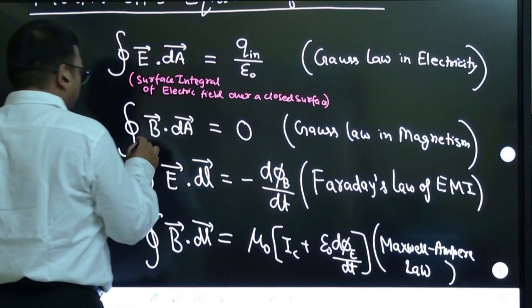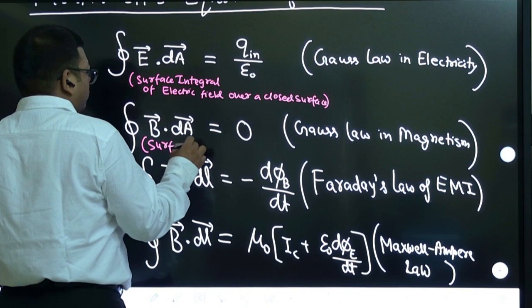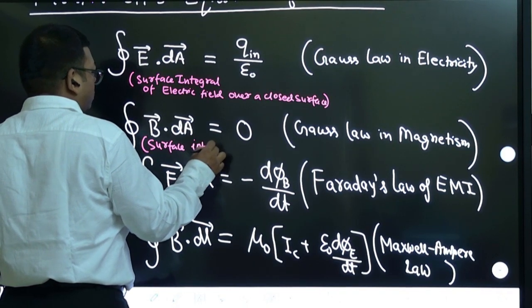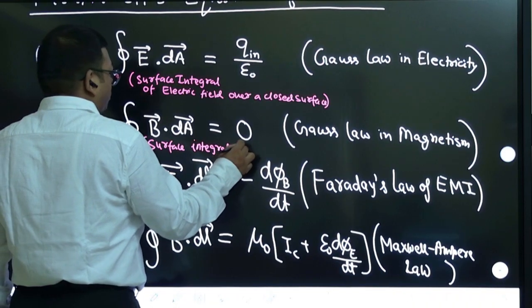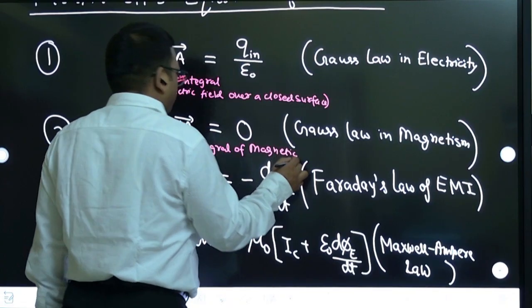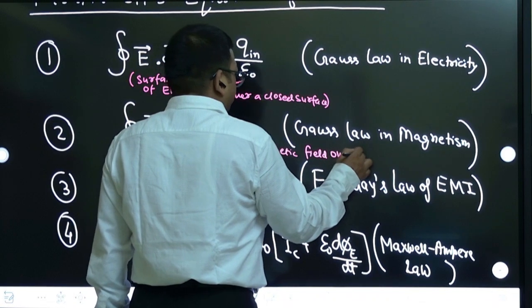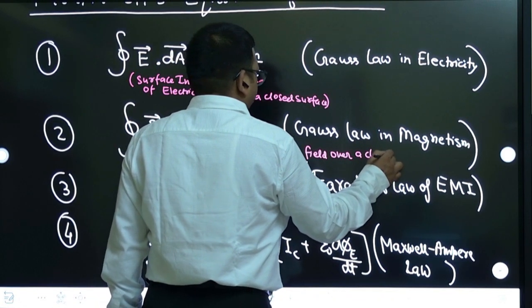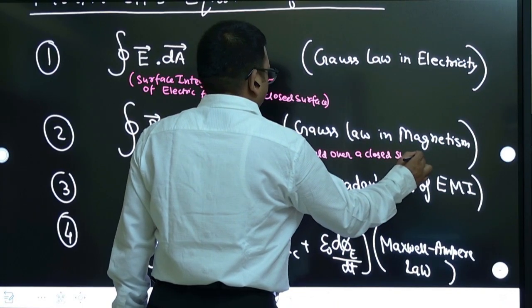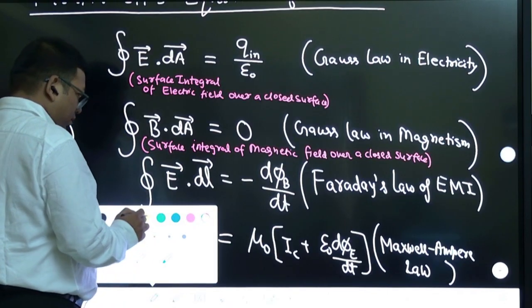And this one is the surface integral of magnetic field over a closed surface. So first two are surface integral, next two are line integral.